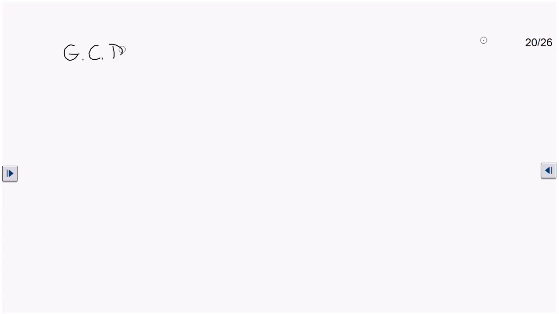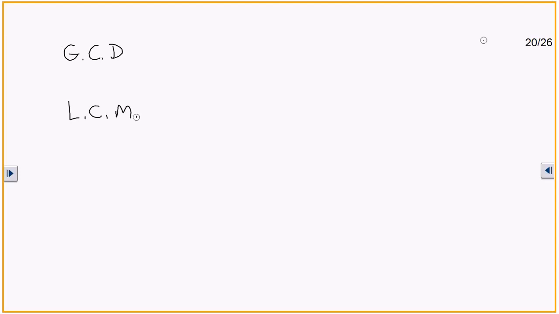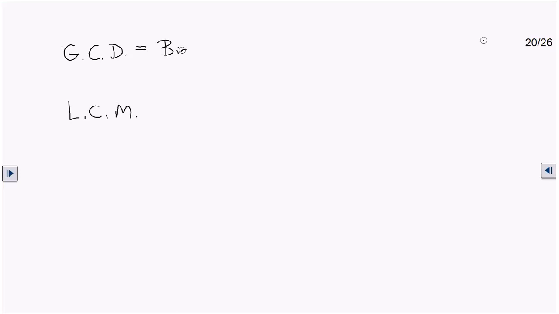Greatest common divisor and the least common multiple. What are they? Well, the greatest common divisor, and you can write that down, stop the video and write greatest common divisor. I'm not going to write all that out. The greatest common divisor is the biggest number, or the largest number, whichever one you want to use.